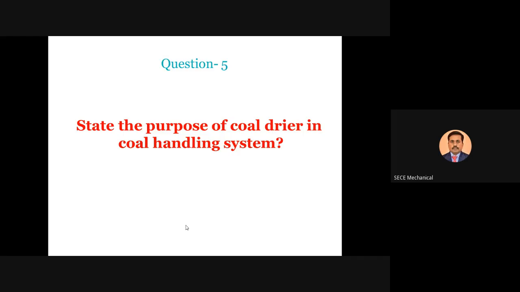So what is the purpose of the coal dryer? The purpose of the coal dryer is to remove the moisture present in the coal, because while taking the coal from the coal mine, the coal has different sizes and also some moisture content. So you cannot feed the same coal directly into the boiler.